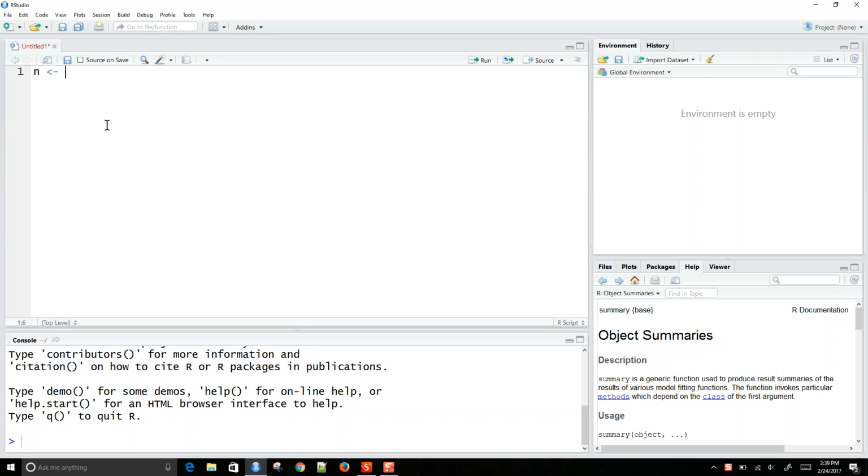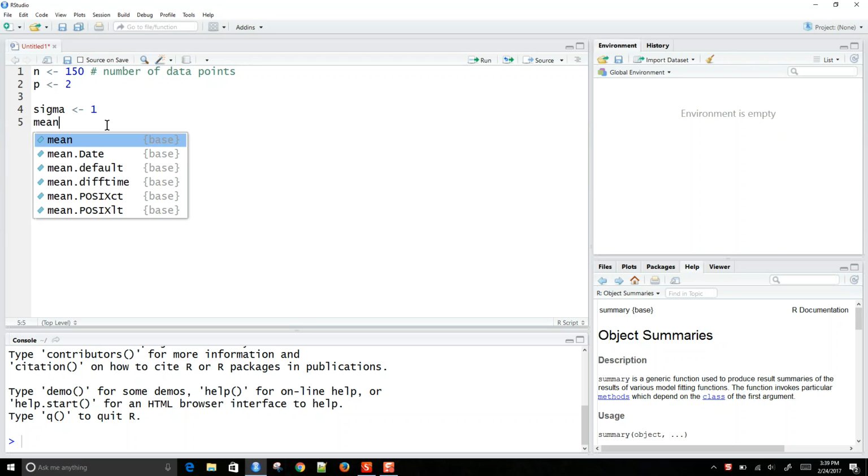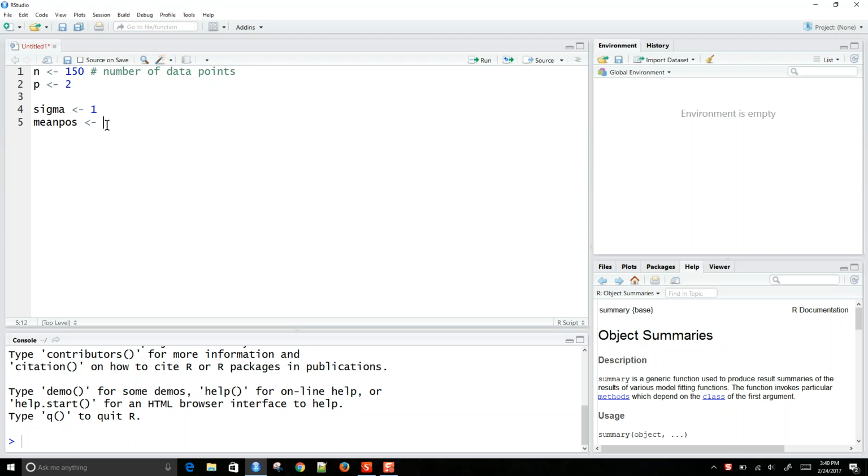We're going to start off with 150 data points in 2 dimensions. We'll start with sigma 1, the mean of our positive will be 0, and the mean of our negative will be 3.